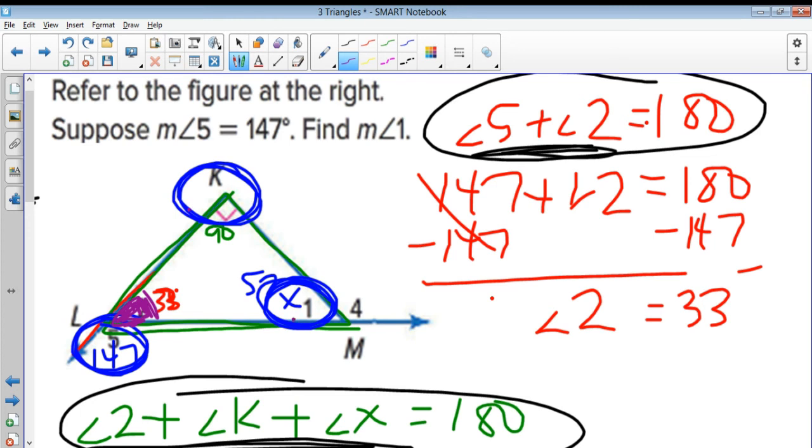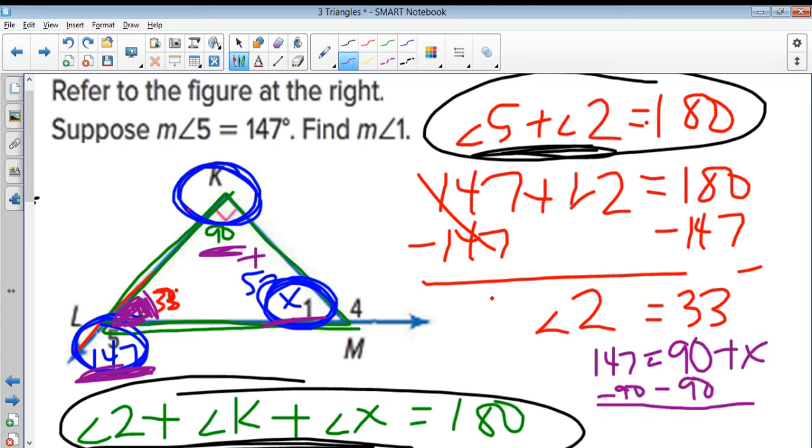So in order for that all to be true, it must mean that 147 is equal to 90 plus x, right? 147 equals 90 plus x. And let's see what happens when we subtract 90. 90 to 100 is 10, to 140 is 40, to 147 is 57 degrees.